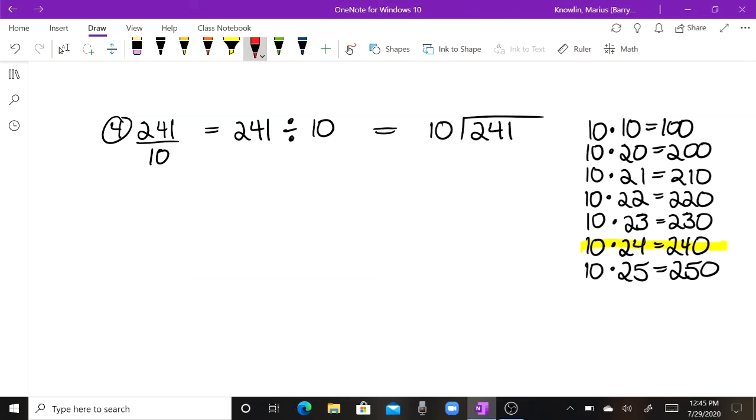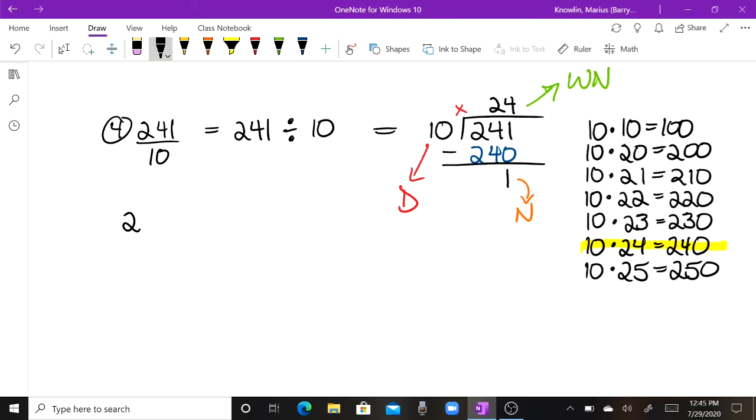So we know that 10 times 24, and the 2 is going to go over the 4, the 4 is going to go above the 1. 10 times 24 is 240, and we're going to go ahead and subtract. When we subtract, 241 minus 240 is equal to 1. 10 cannot go into 1, so we know that the 24 is our whole number, the 1 is my numerator, and the 10 is my denominator.